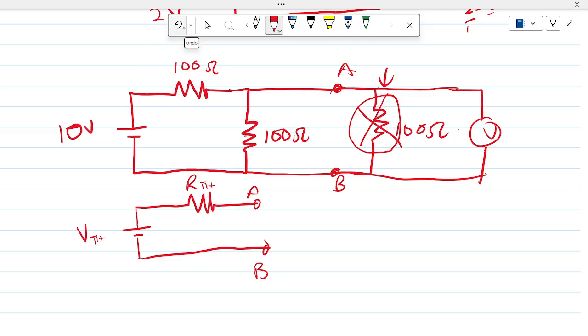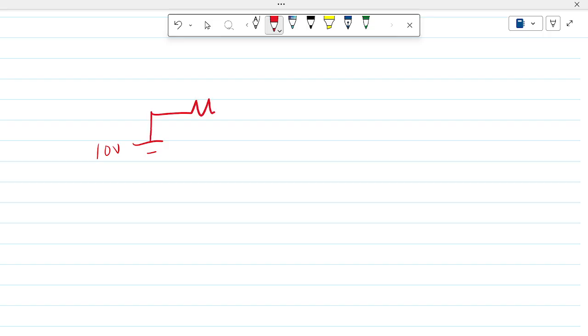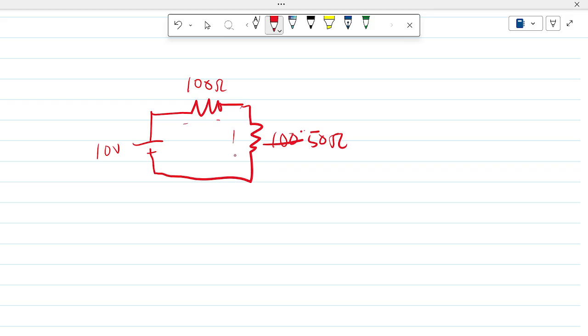Okay, if you are not familiar with voltage divider, you can quickly do that here. Assuming I have 100 ohms in series with another 100 ohms, let me say that value is 50 ohms. Now because they are in series, they are going to share the voltage proportionally. So the voltage across this 100 ohms is going to be 100 over the total, which is 150, times the total voltage, which is 10 volts.